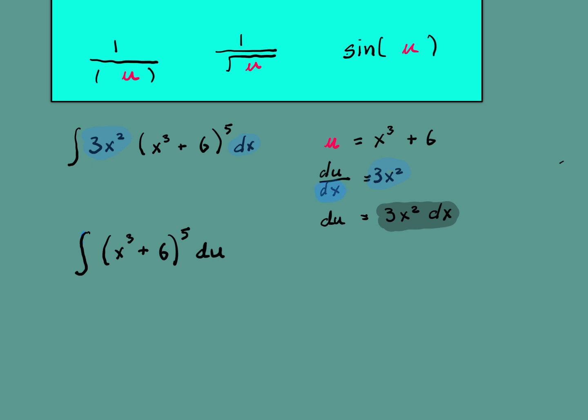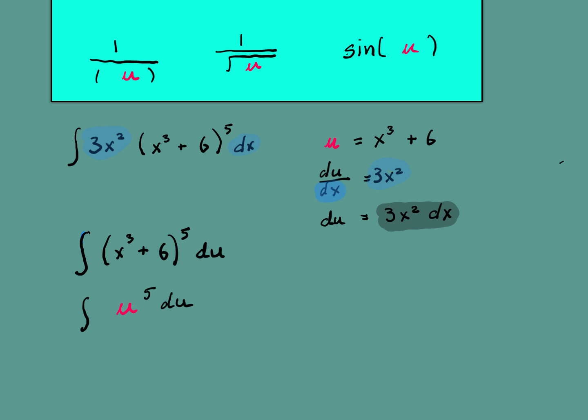All right, we can't integrate yet because we can't integrate du with x values. So we need to change it into a u. I remember we changed u to be x cubed plus 6. So let's rewrite this again and say that this is really u to the power of 5 du.